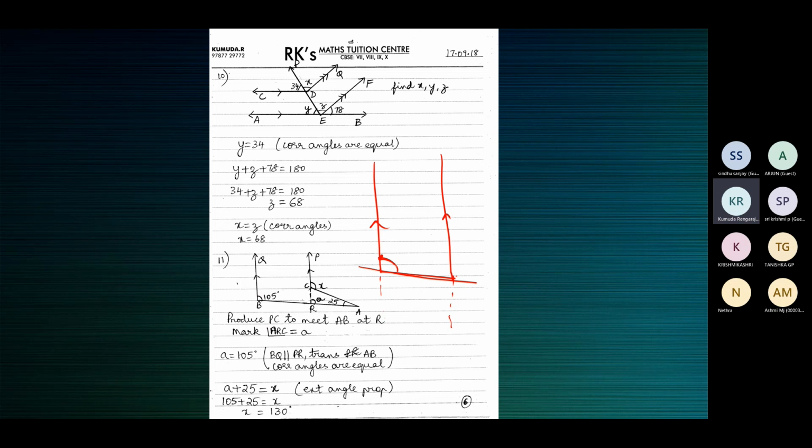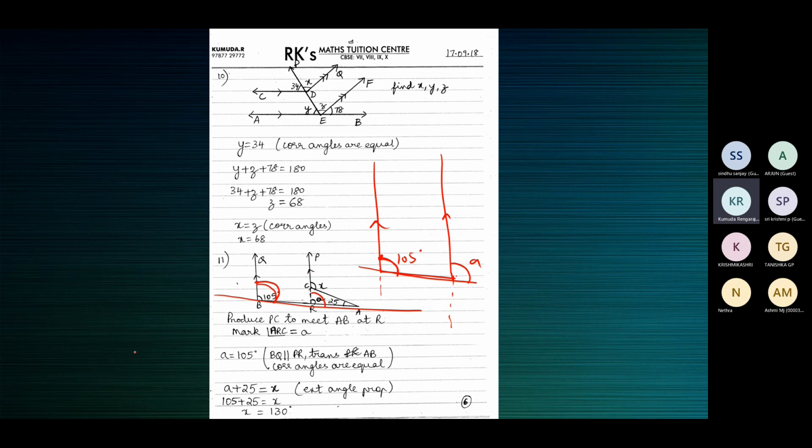From the parallel line till the transversal is 105. From the other parallel line till the same transversal is A. This is the transversal.